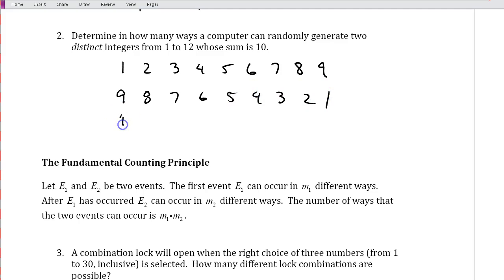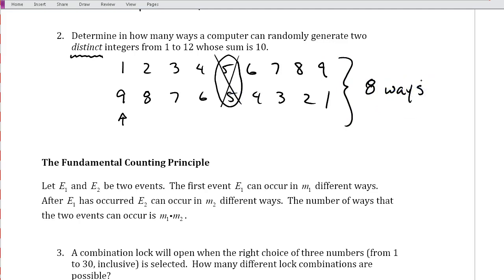So here's the first way, a 1 and then a 9, and we have all these different ways, but this one isn't going to work because we want distinct integers. So we're going to cross this one out, and now we can see that there would be 8 ways that a computer could randomly generate two distinct integers from 1 to 12 whose sum is 10.